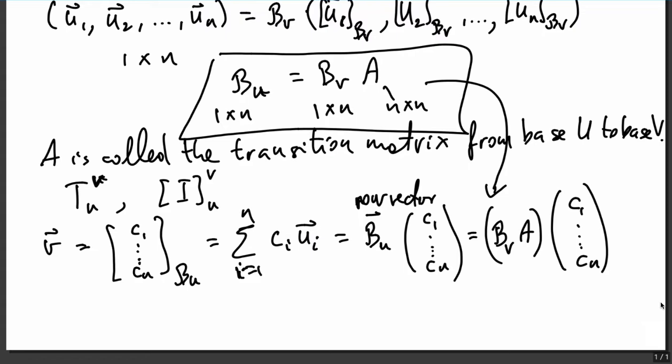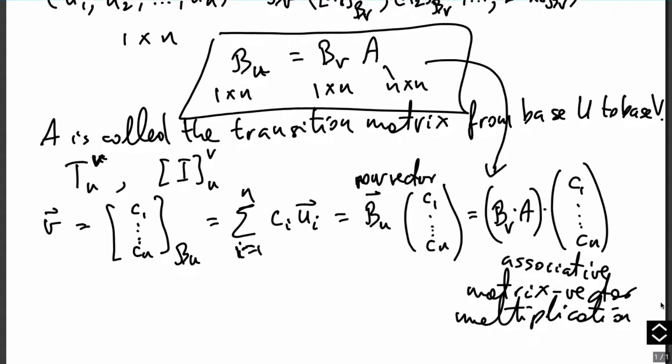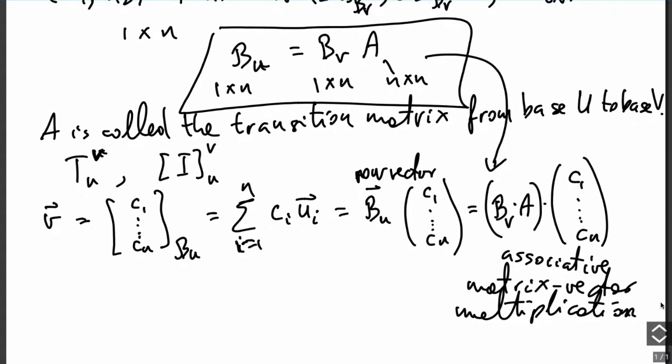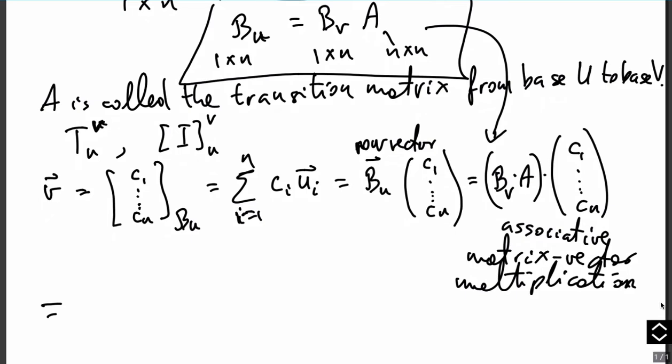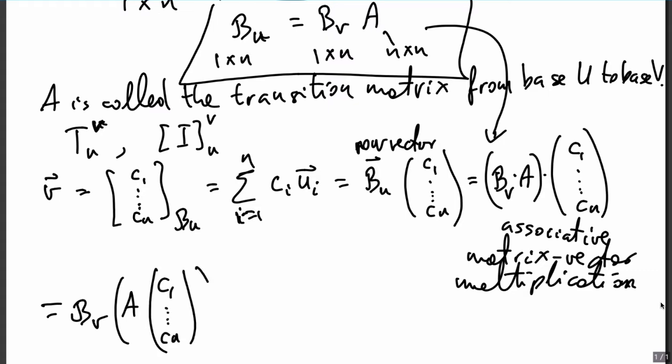So these are matrix-vector multiplications, and matrix multiplication is associative. Associative means that we can rearrange the parentheses, and we get that this is the same as BV times the A matrix times the C1 to Cn coordinate matrix.